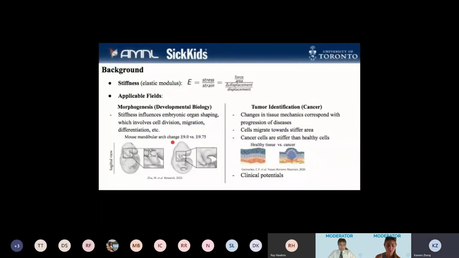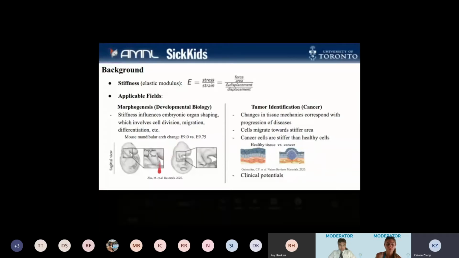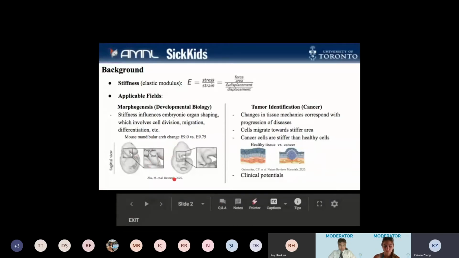We had previously investigated stiffness within the mandibular arch of the mouse embryo, which is around the lower jaw area, from when it was a cylindrical shape till later acquiring a sort of teardrop morphology. And we found the values to be different along different axes.